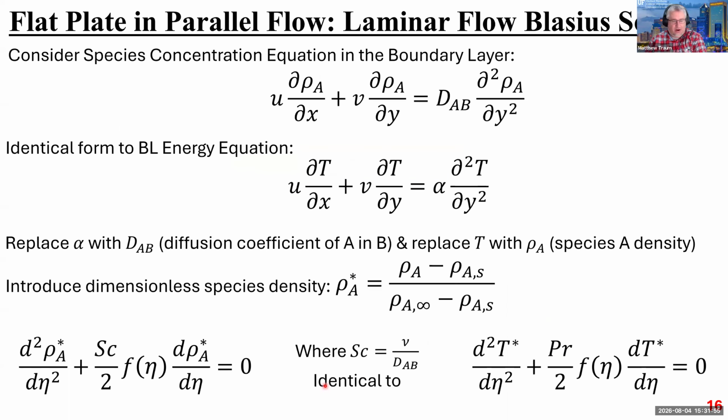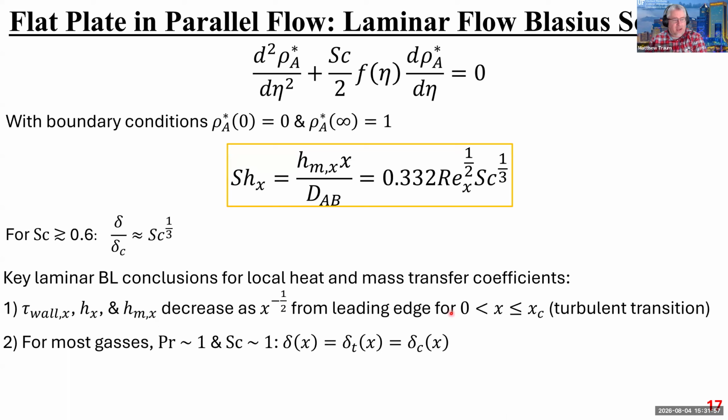And they lower as x to the 1/2. Also, for most gases, Prandtl number is about equal to 1. The Schmidt number is about equal to 1. And so these boundary layers grow at more or less the same rate, right? Slightly different, but for engineering purposes, you can usually make this assumption and get away with it, that all these boundary layers are on top of each other. Okay.